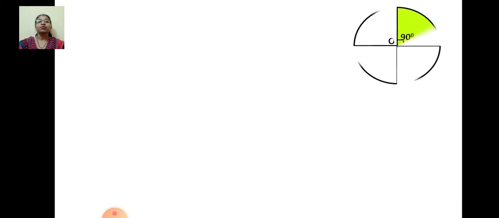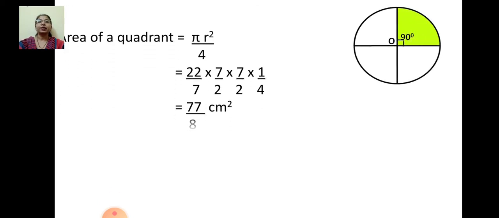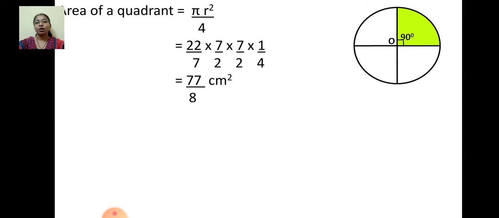So this is the diagram. Area of a quadrant is equal to area of circle, pi r square, divided by 4. Right? So again pi is 22 upon 7. r is 7 upon 2 into 7 upon 2, divided by this 4. So 1 upon 4. Now this 7 and 7 will get cancelled.